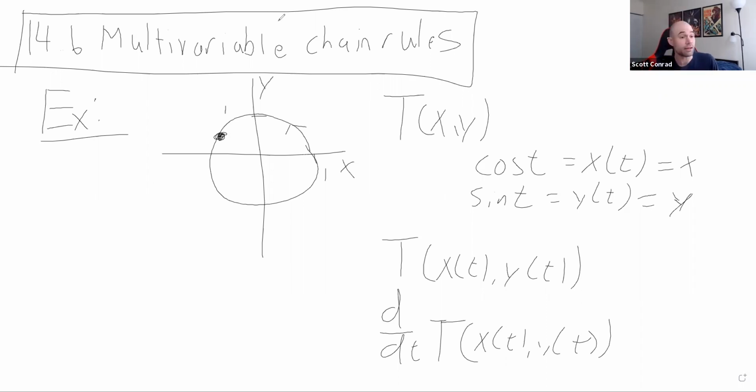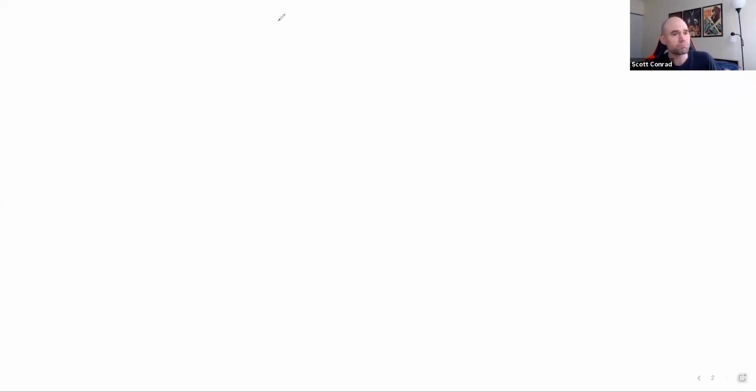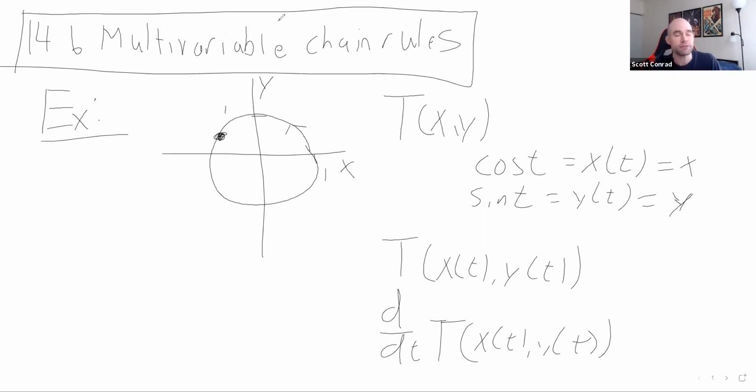And to calculate that, we would have to use a chain rule. So there are infinitely many different chain rules because the chain rules are going to be different depending on how many variables your function is of. So in this case, our function is a function of x and y, ostensibly.